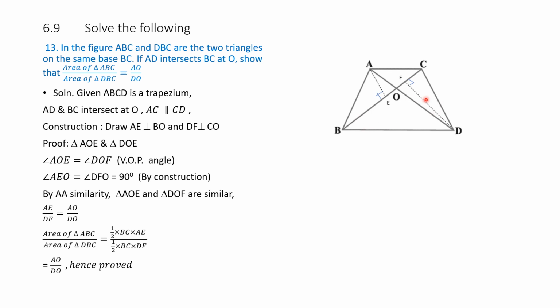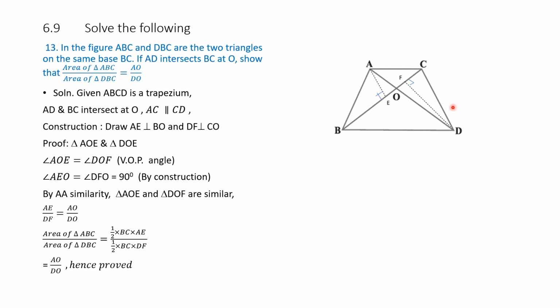of the triangle. Area of triangle ABC divided by area of triangle DBC is equal to half base into height, that is half BC, height is AE, divided by, for this triangle, half base is BC and height is DF.